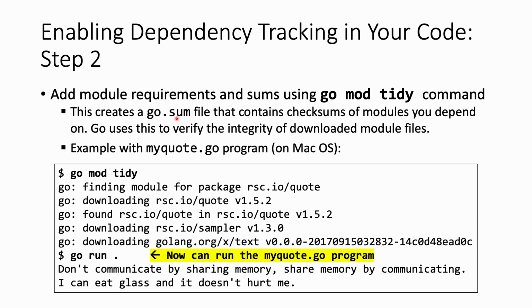Here is the example of go mod tidy with my mycode.go program on Mac OS or Linux. At this point, we are still in the same directory of mycode.go and have created the go.mod file for the mycode.go program.